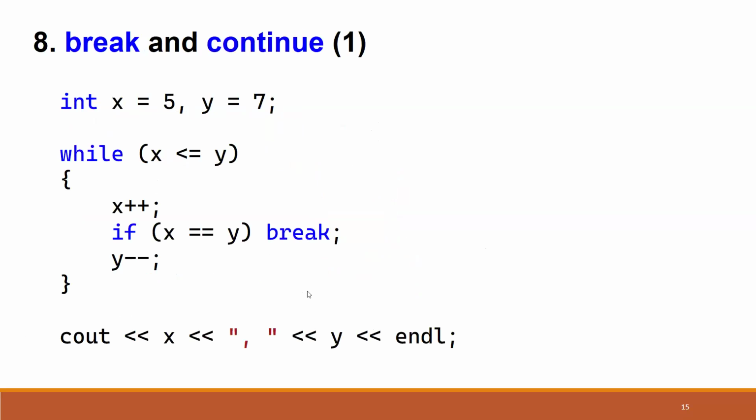Okay guys, what is the output of this one? I want to check break and continue. What will be X and Y after the loop? I have cout at the bottom.